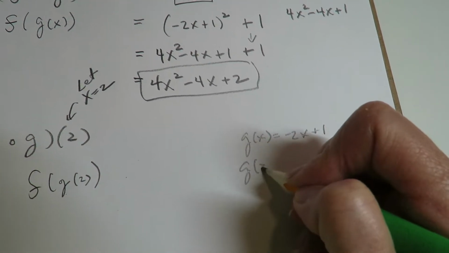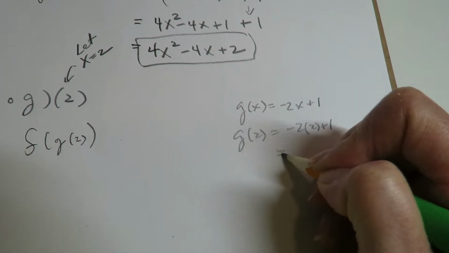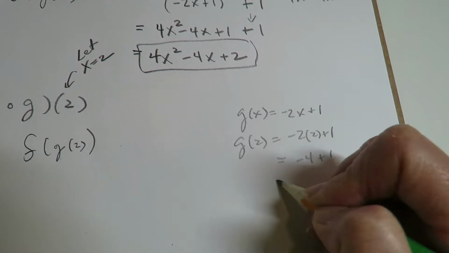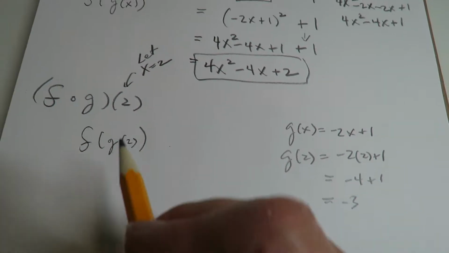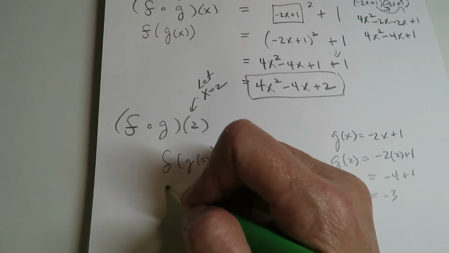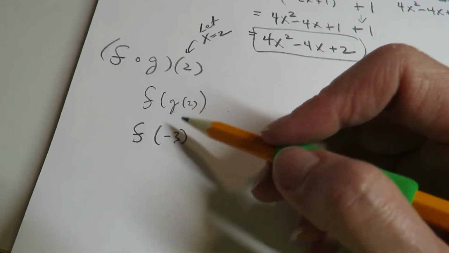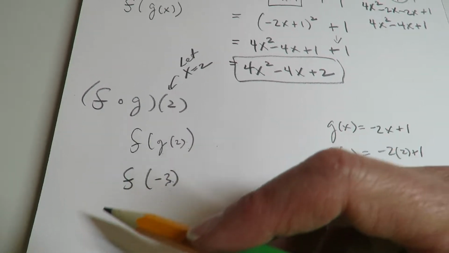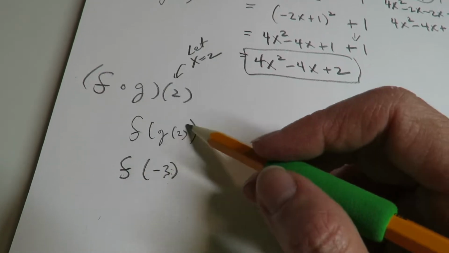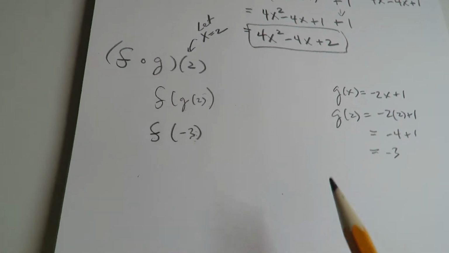Meaning you can plug 2 into g and get out negative 3. So g of 2 is negative 3. But if you notice, the output of g becomes the input of f. So that range point of g becomes a domain value for f.